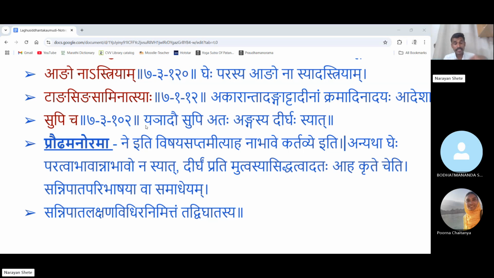Anyatha, if mutva is asiddha, अन्यथा मुत्वे असिद्धे अकारस्य स्थाने आकारे दीर्घे कृते सुपिचे इत्यनेन सूत्रेण आकारे च स्थाने आकारस्य च स्थाने पुनश्च दिस अदसोसेर दादु दोमः इत्यनेन दीर्घे उकारे कृते घेहे परत्वं न स्यात्. कस्य? टा इति प्रत्ययस्य. टा इति प्रत्ययस्य घेहे परत्वाभावात् दिस नाभावः न स्यात्. दीर्घं प्रति मुत्वस्य असिद्धत्वात्. तेन दीर्घादेशः भविष्यति. तदनन्तरं मुत्वं भविष्यति.